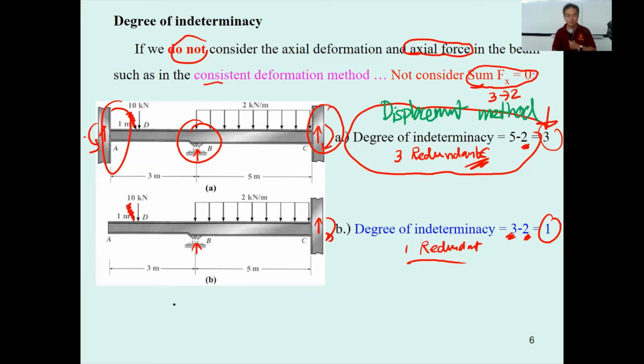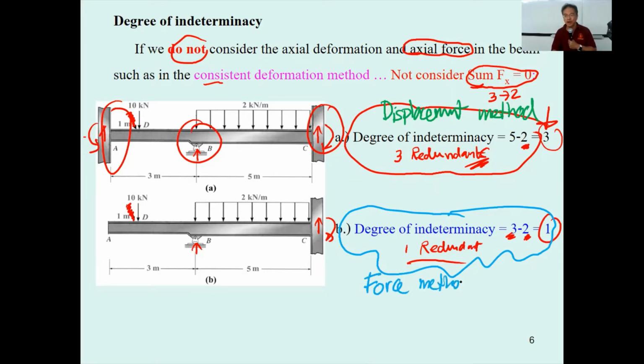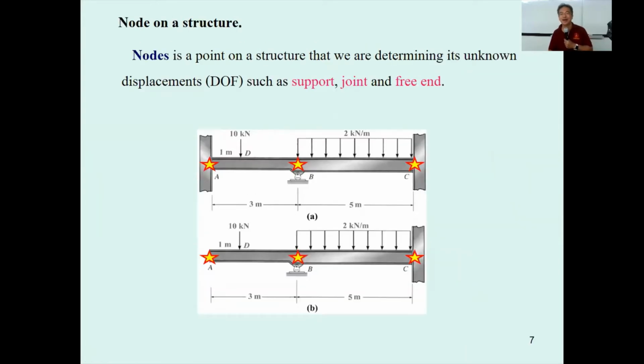But in the opposite direction, for a structure that has fewer supports, you can use the force method to solve it easily. By doing that conclusion, we're going to consider another thing, the degree of freedom. But before considering the degree of freedom, you have to know about the node. A node is any point on the structure where you are looking for the unknown displacement.